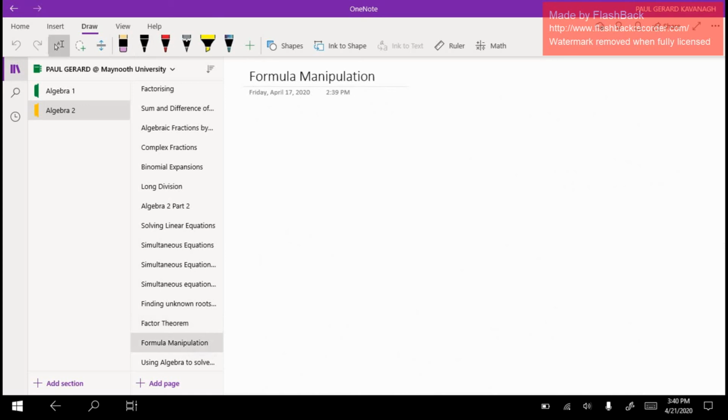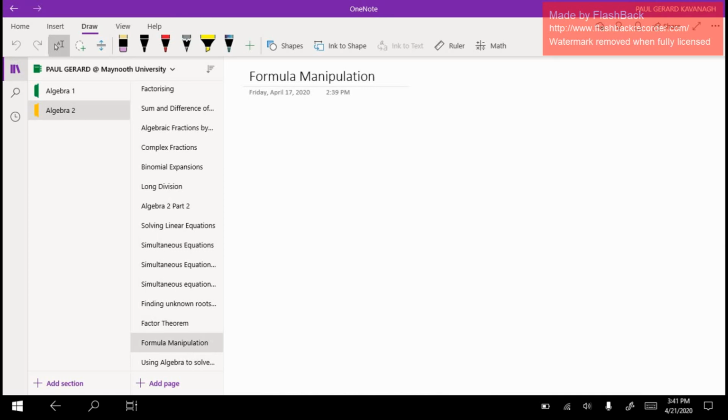Formula manipulation next. Another thing I might say is, if polynomials have the same roots, they would differ in their actual equation. So let's just say y is equal to 3x cubed minus 21x plus 18, and y is equal to 2x cubed minus 14x plus 12.